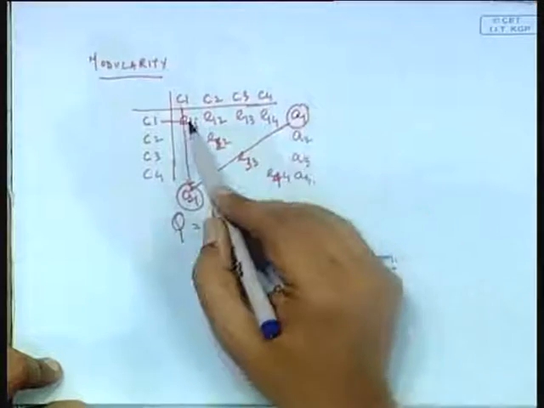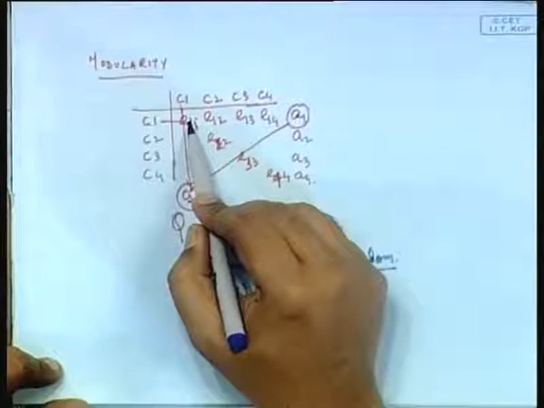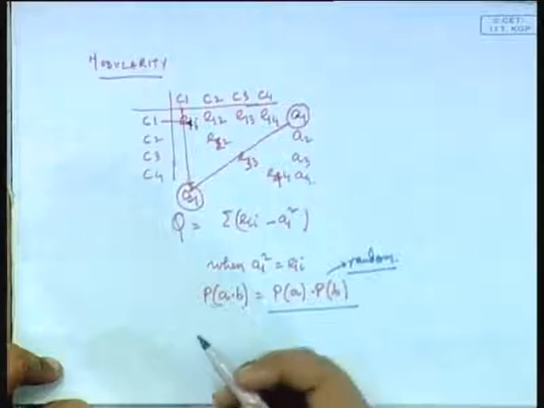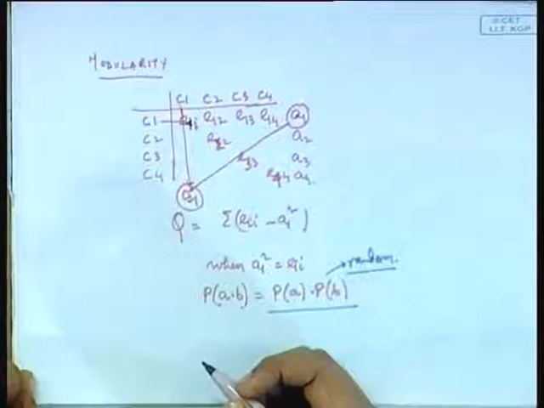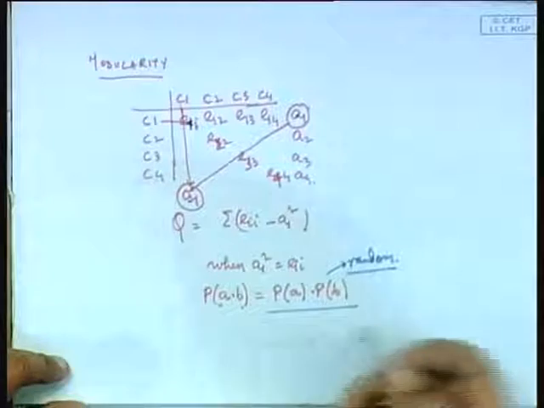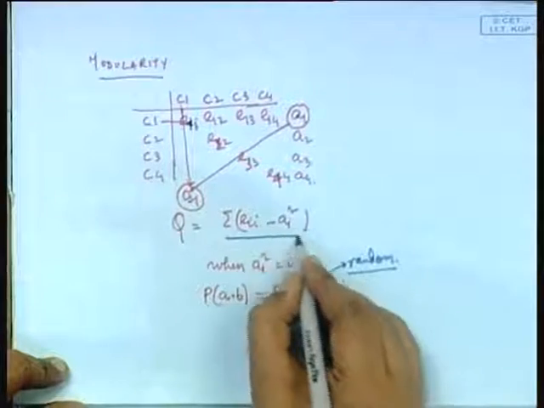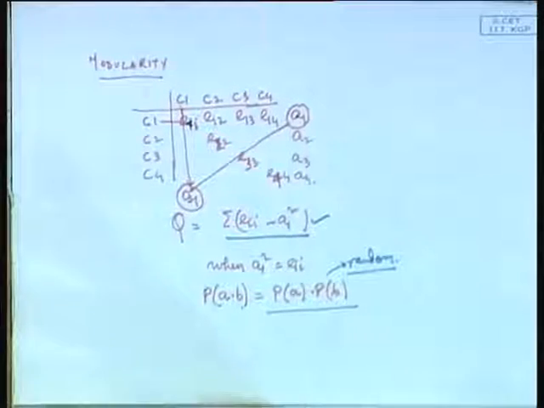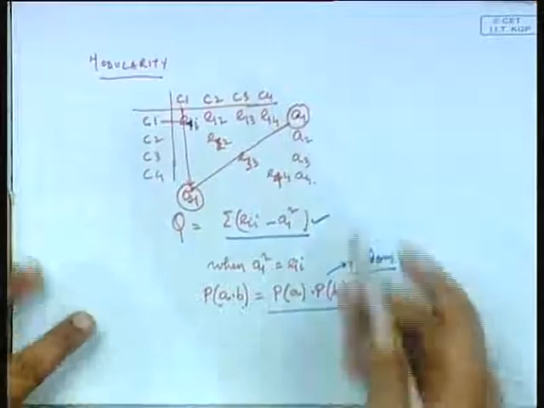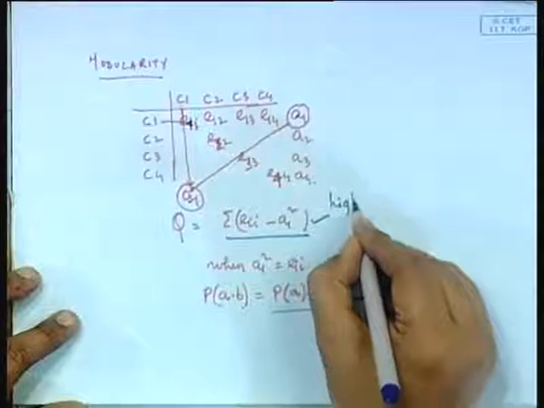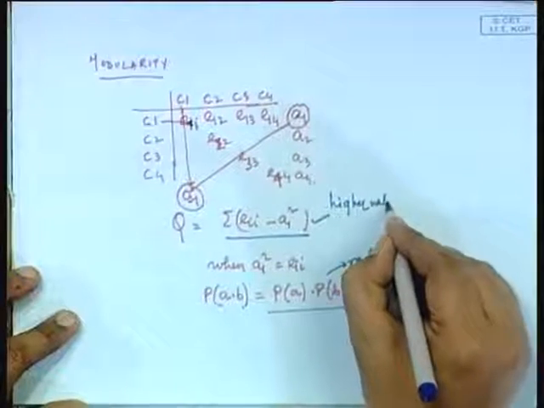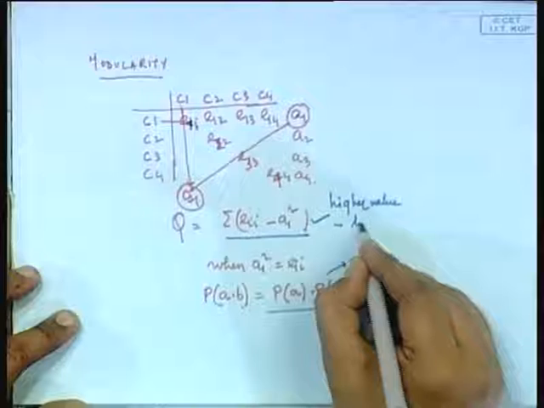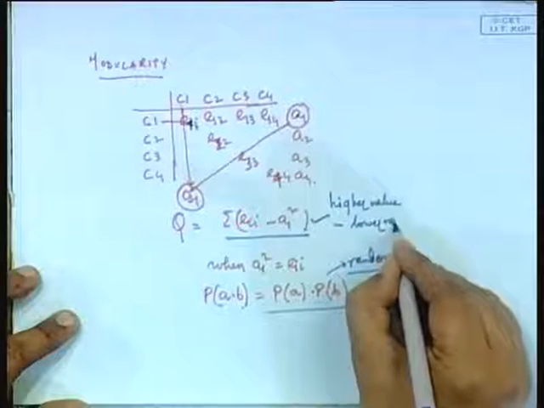So, this into this will be equal to this. Okay, you remember this? So, the higher this value, the lower is its randomness.